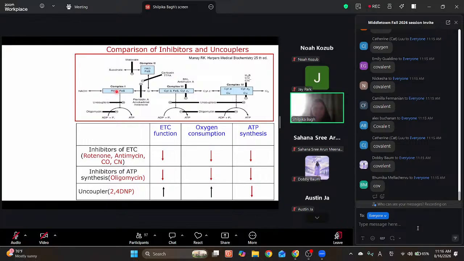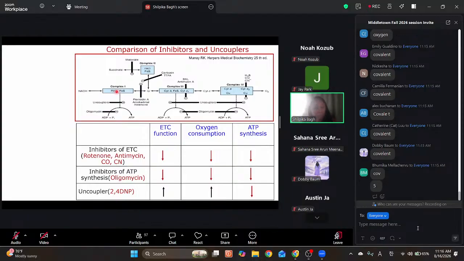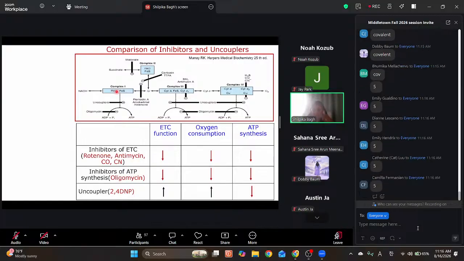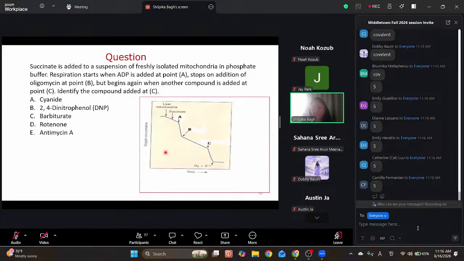Then what is complex 5 made up of? Is complex 1 made up of F0, F1 or is it complex 5? What is made up of F0? Complex 5. So first the normal. Then inhibitors, where they act and their overall effect. This slide quickly summarizes it if you have a confusion on inhibitors.